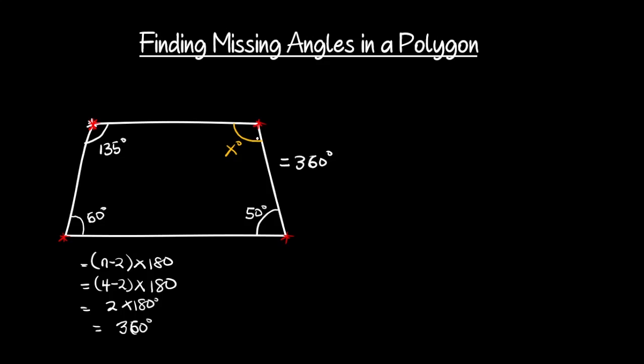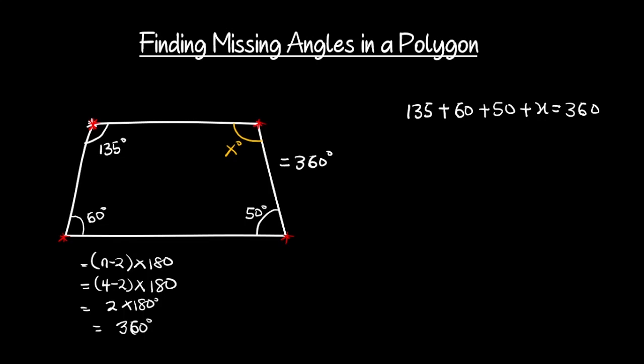To find the value of x, we add all the angles including x, and we equate it to 360. So here we have 135 plus 60 plus 50 plus x is equal to 360.